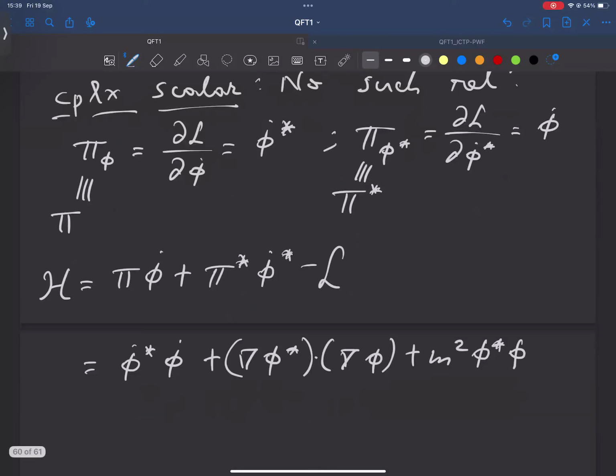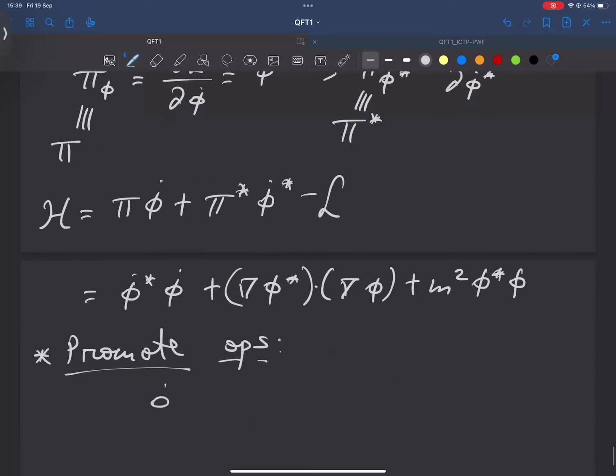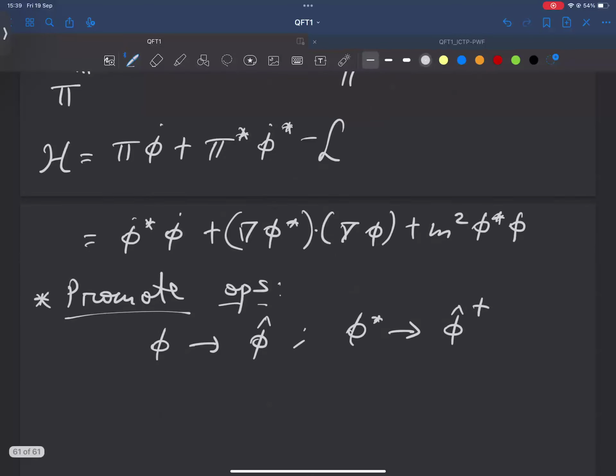So till now we are just writing fields. Now we will promote them to operators. Okay, till now again everything was classical, but now we promote them to operators. So promoting means you just give them hats. Okay, that's what we learned in classical mechanics, right? And conjugates will translate to transjugate.